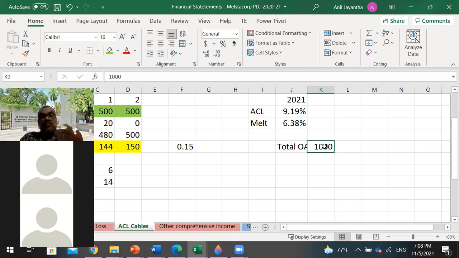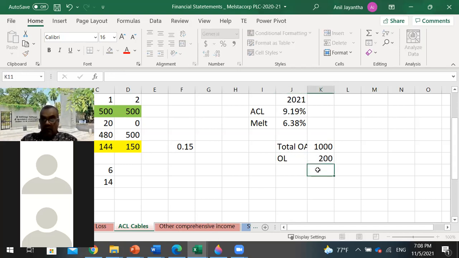However, when it comes to investment, you know that you need not invest the same amount to run or maintain that amount of assets. If you have operating liabilities, you deduct operating liabilities of 200. Therefore, the amount that you have invested in the business is 800.